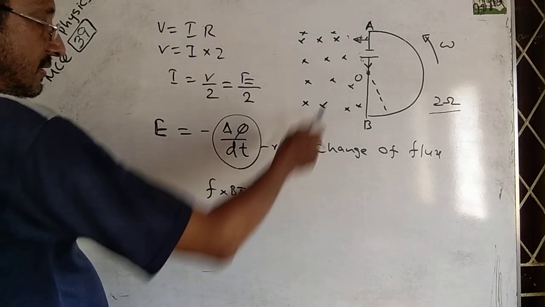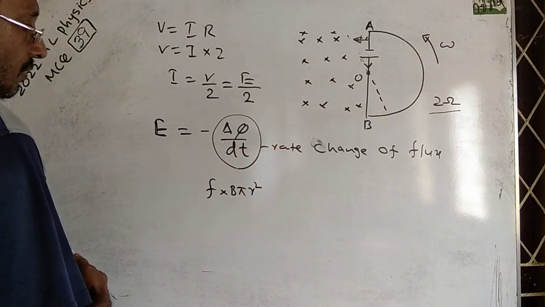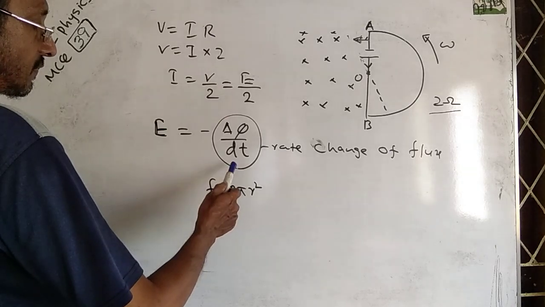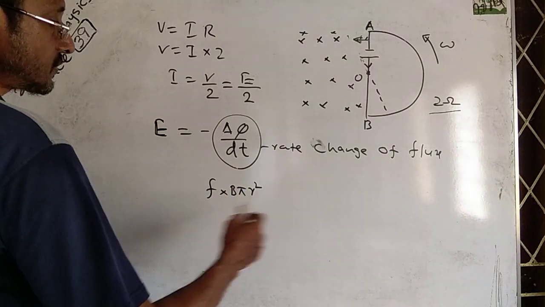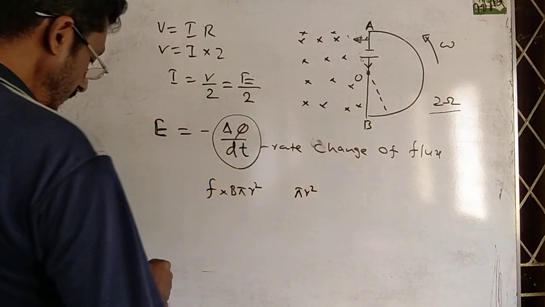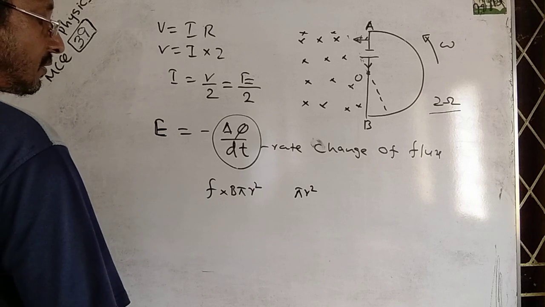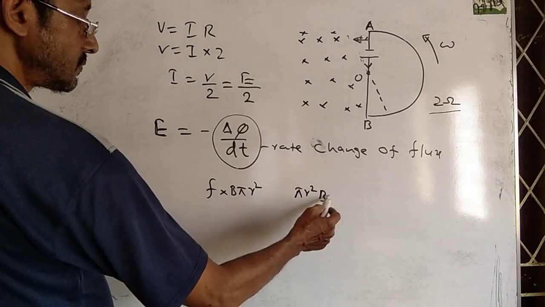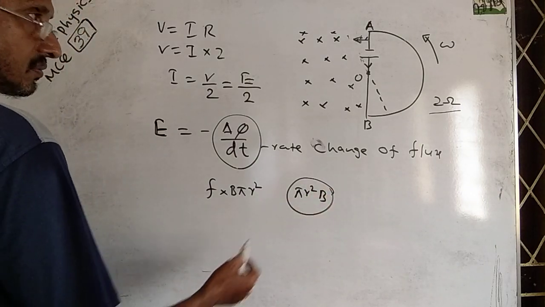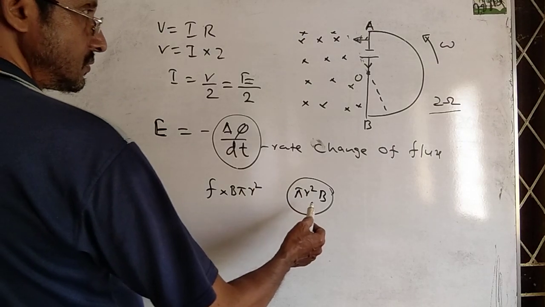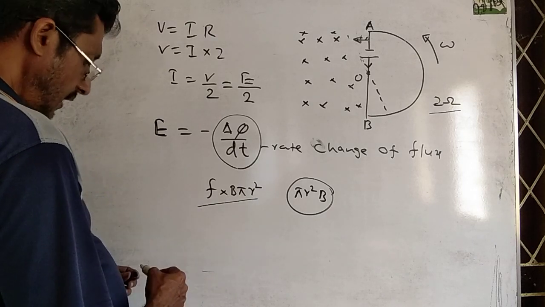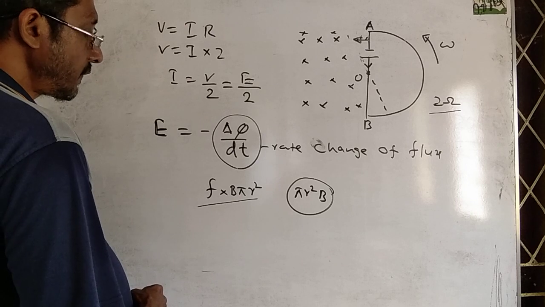R is the radius, because this rate of change of magnetic flux is equal to... pi R squared is the area of the circle, and B pi R squared is the flux through the one circular area, and f B pi R squared is the rate of change of flux.